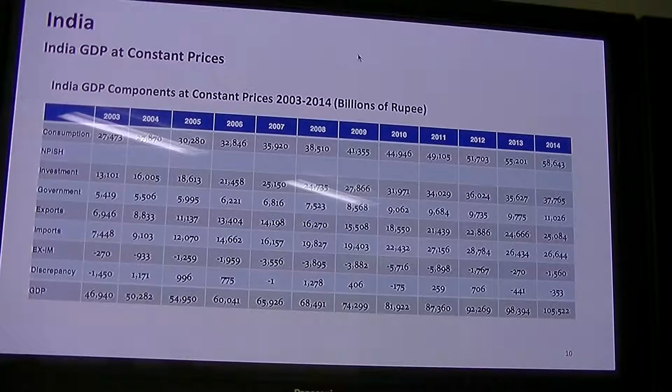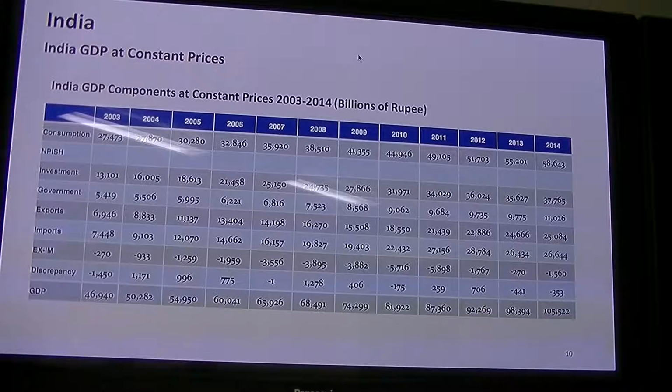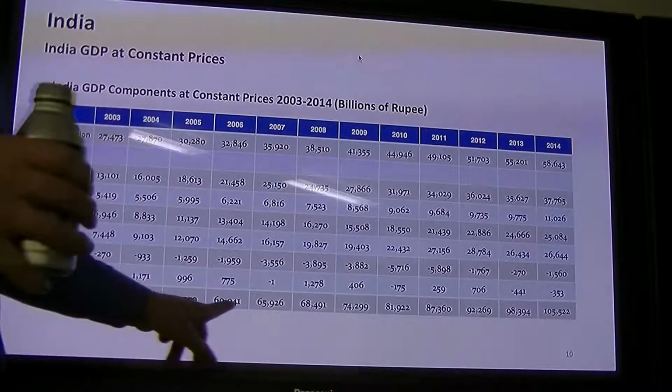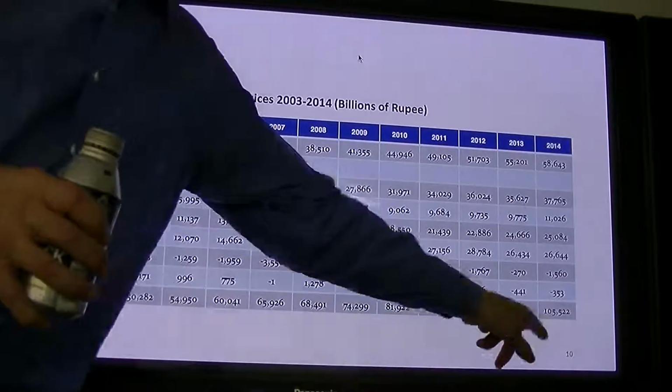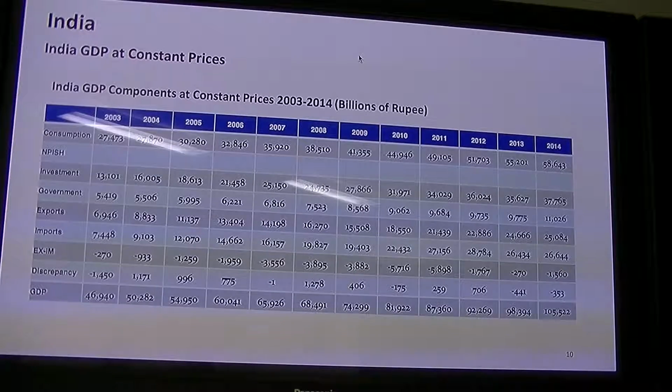And again, this is done at constant prices. And at constant prices, we can see that the economy over 11 years about doubled. It more than doubled in size. It's about a 6% growth rate, less than China.